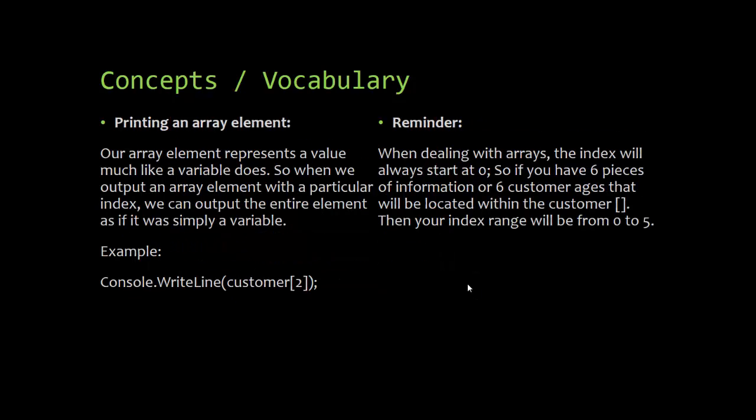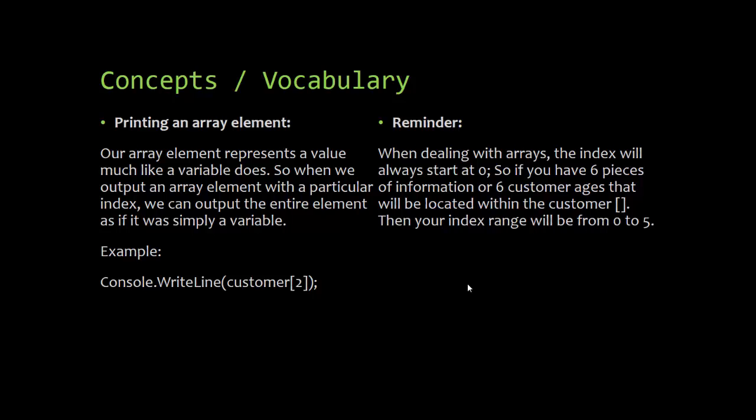And so when we output or print the array element to the screen, we pretty much print it just like we would a variable. Again, we say the name of the array, and then we say the index or the position of that particular array element, and then it would just output like it would a variable.